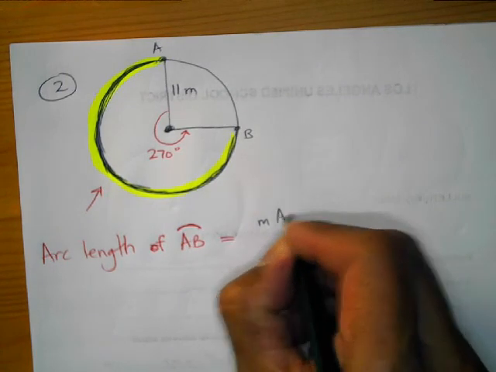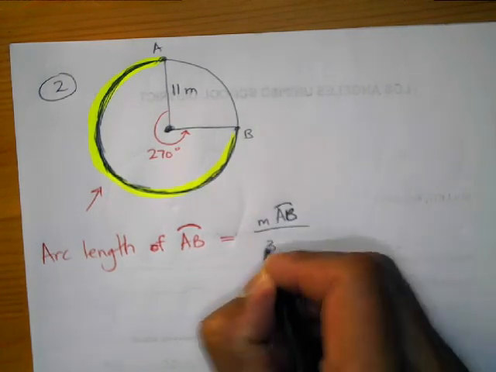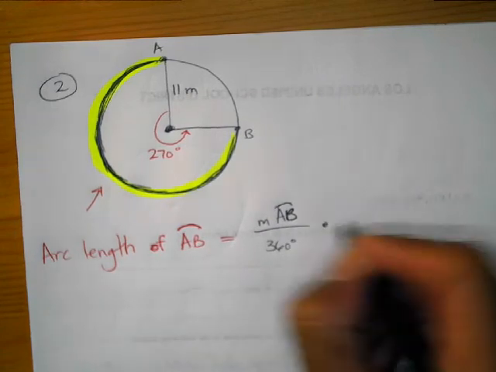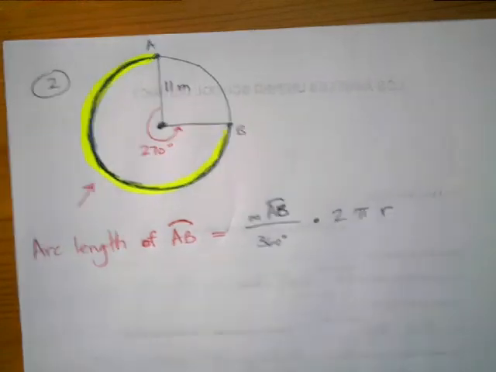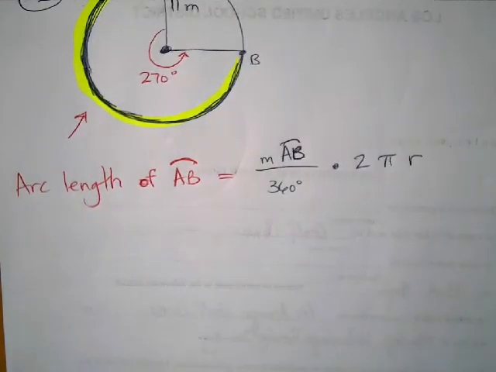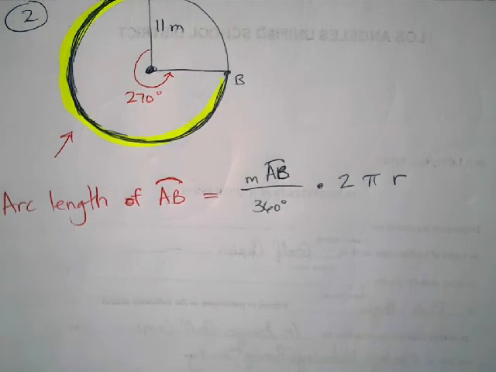Always, even if they have different letters, you just change it to AB. What was that formula again? We have to do the measure of the arc angle divided by 360 times 2 times pi times the radius.